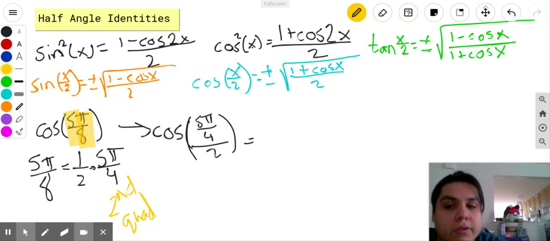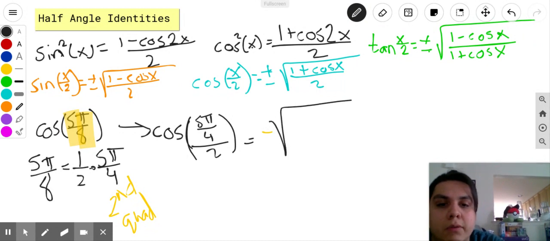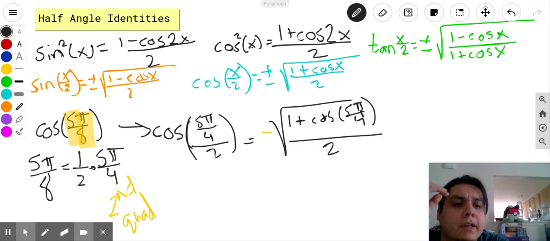As a result, I know that means I'm going to use the negative version of this identity. And so I'm just going to go ahead and plug it in. 1 plus cosine of 5 pi over 4 divided by 2. All right.